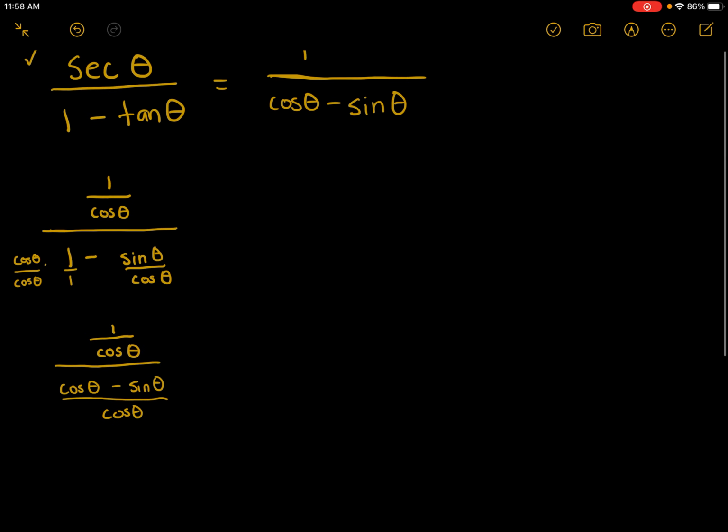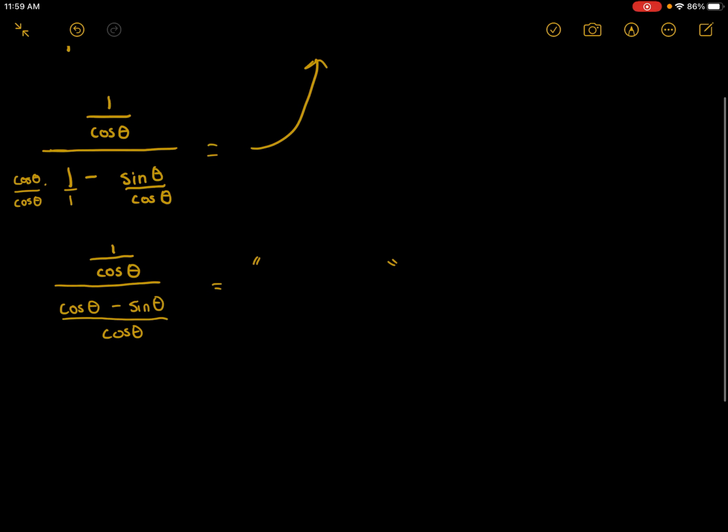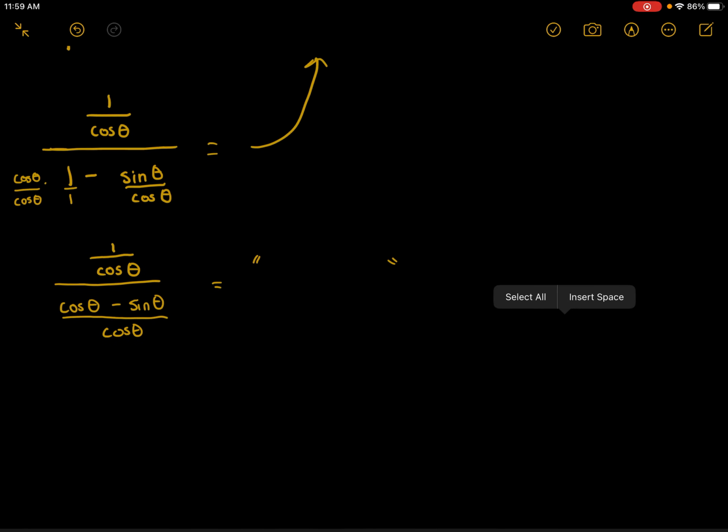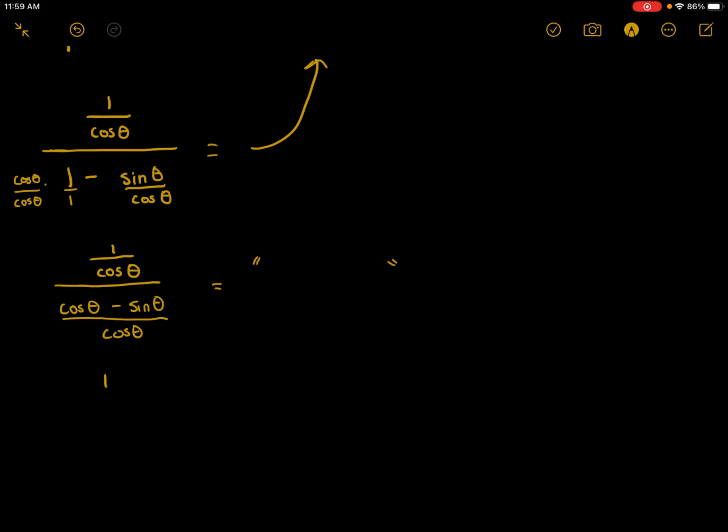Now, this is still going to equal that value. I just don't want to write it over, so we're just going to put some quotes. These open and closed quotes mean that we're still referencing what's on the right side. So anytime we divide by a fraction, we can multiply by the reciprocal. So we're going to have 1 over cosine theta times cosine theta divided by cosine theta minus sine theta.